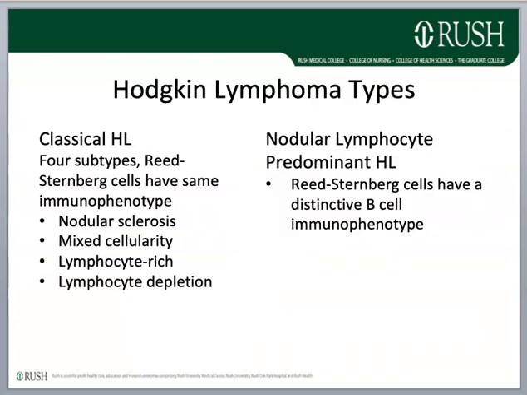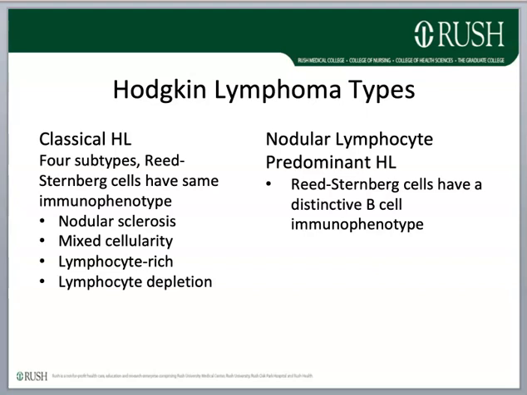So among Hodgkin lymphoma, there are two main subtypes, so-called classical and the nodular lymphocyte predominant type. In the classical type, the tumor cells in this group are derived from germinal center or post-germinal center B cells, but typically fail to express many of the genes and gene products that define normal B cells.